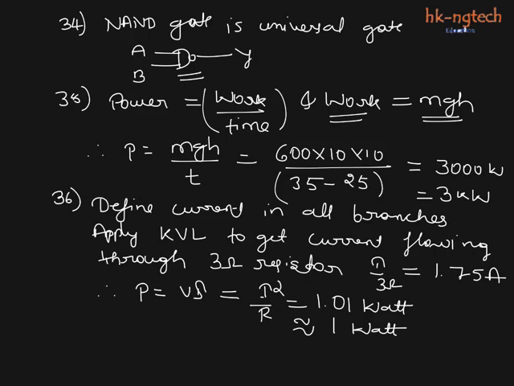This is also one of the formulas we have in work, power and energy. So finally power must be equal to mgh divided by t. If we substitute the values accordingly, you will get 3000 watt or 3 kilowatt. That must be the answer for that. Please try to take the next question, that is the 36th question.